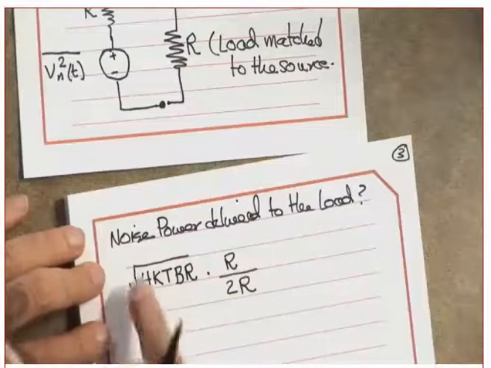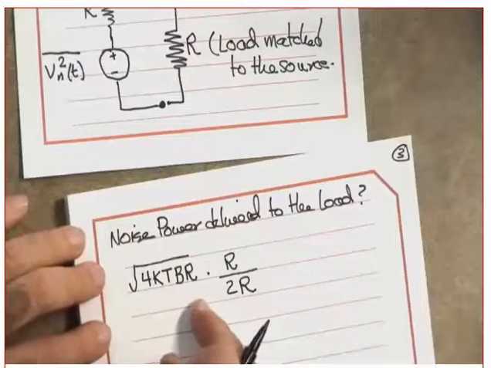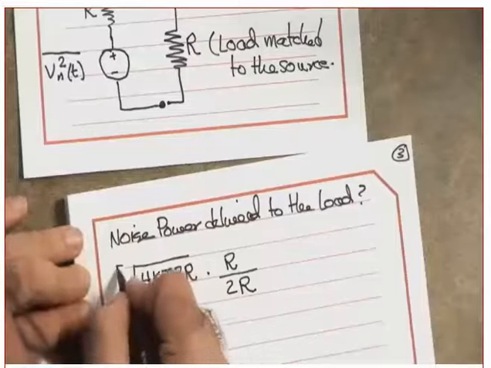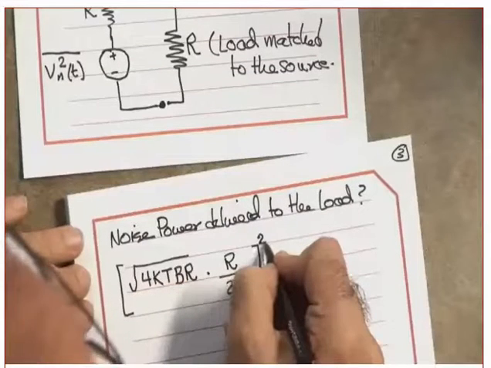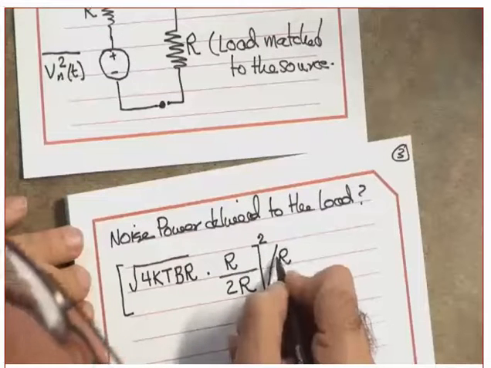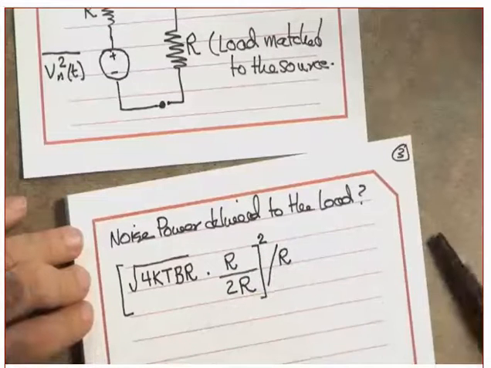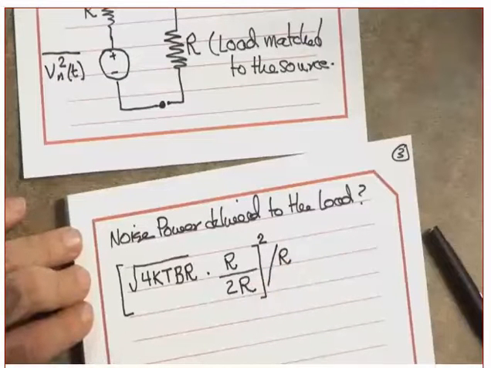So far, that's the voltage across the load. Then square it and divide by R. Why is it not 2R, like we saw in the case of the signal? The signal is sinusoidal.